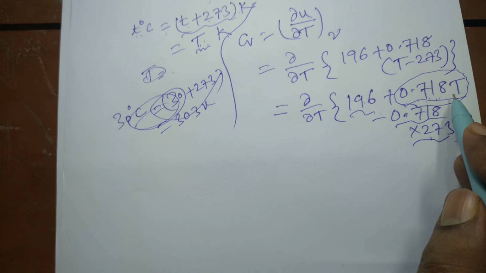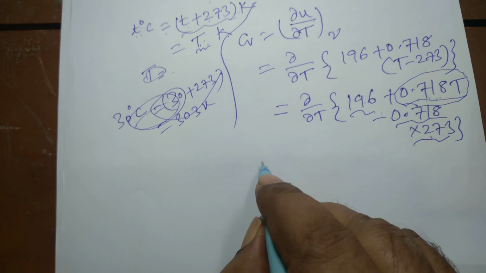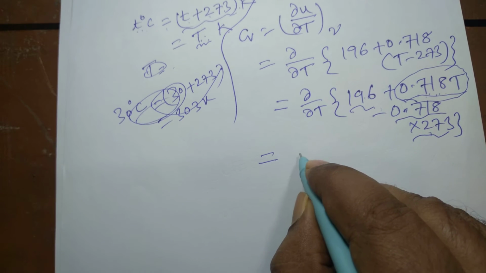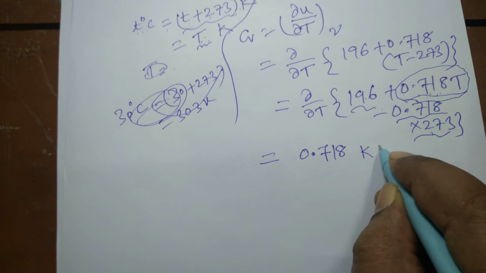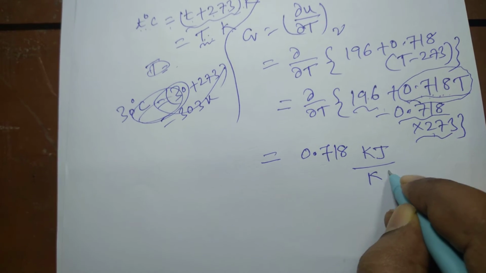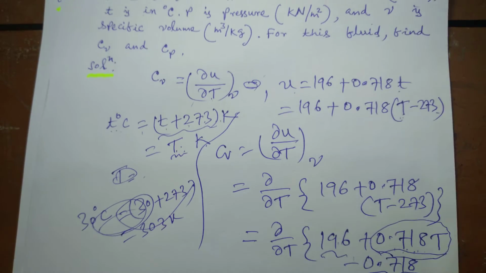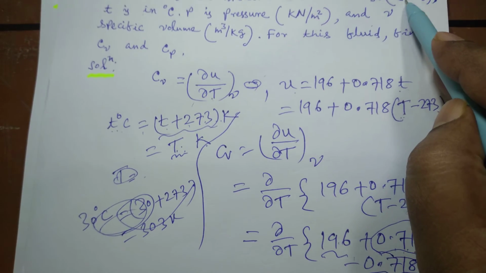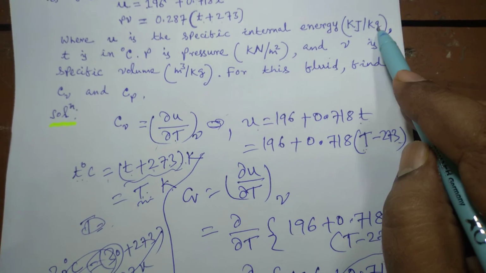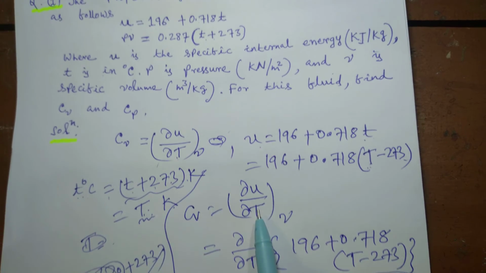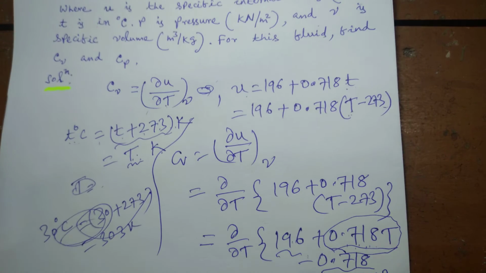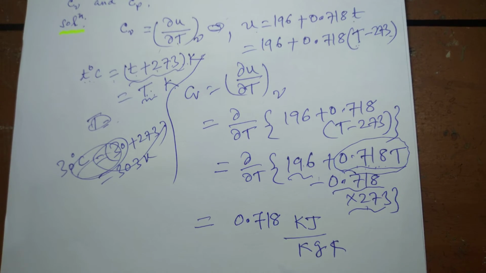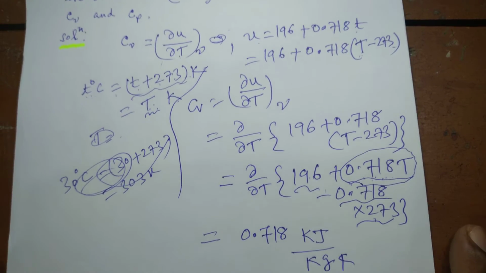So only this term will have some value, that will be equal to 0.718, and its unit will be kilojoule per kg Kelvin. Since the unit of specific internal energy is kilojoule per kg, and the unit of temperature is Kelvin, so that will be 0.718 kilojoule per kg Kelvin.